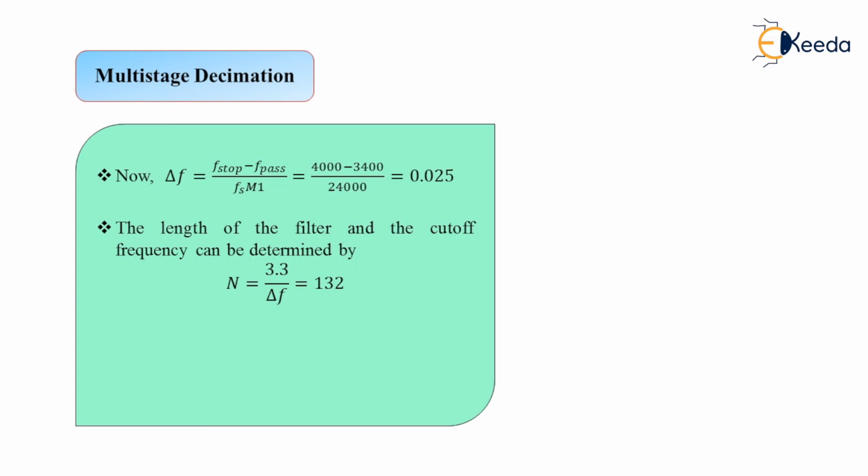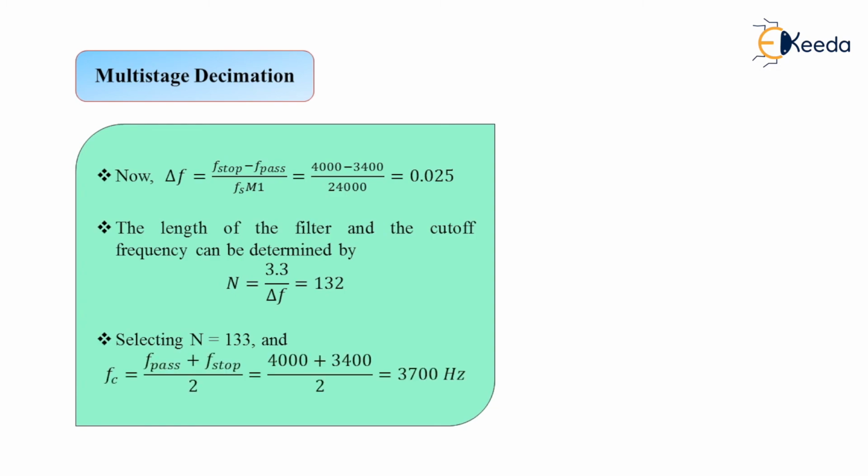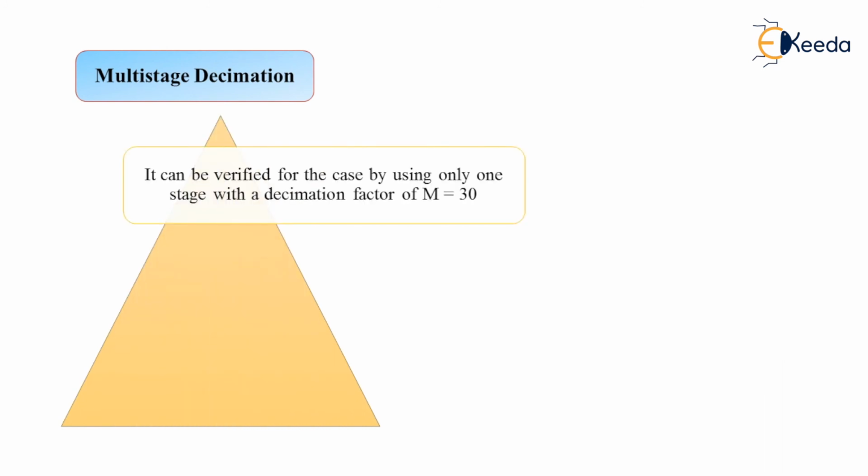Selecting the value of capital N, the round is 133. Fc is given as F pass plus F stop divided by 2, so 4,000 plus 3,400 divided by 2, which is equal to 3,700 hertz.